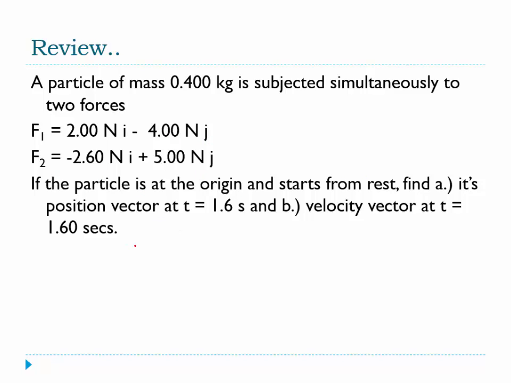The question is asking what is its position vector at 1.6 seconds, and then what is its velocity vector at 1.6 seconds. If this was just a normal number problem, it would be pretty easy, but since it's in ijk notation, I just wanted to do it with you guys so that you could see how this all works out.